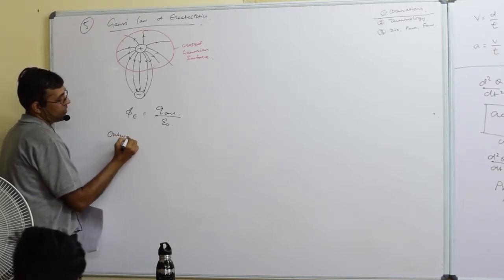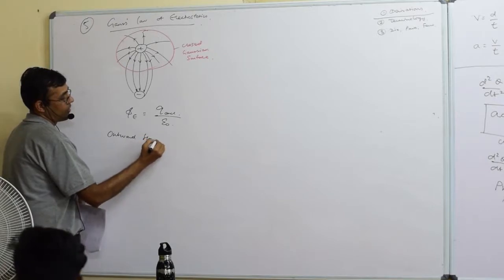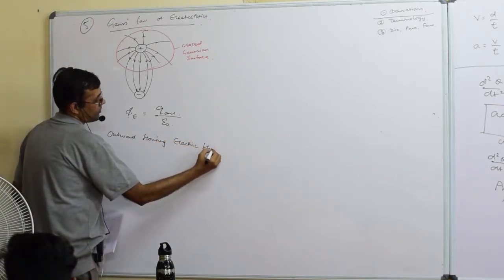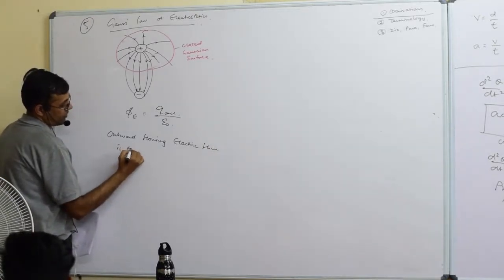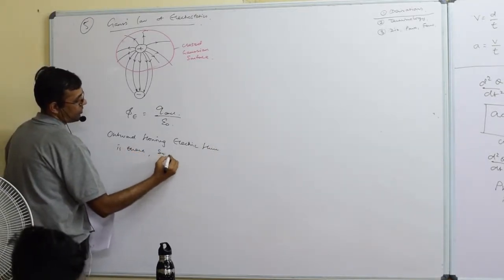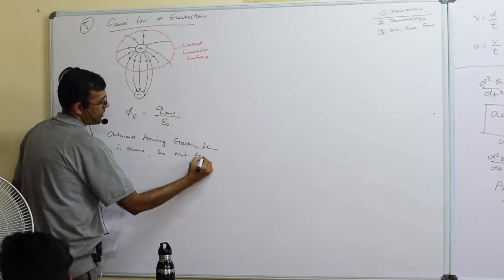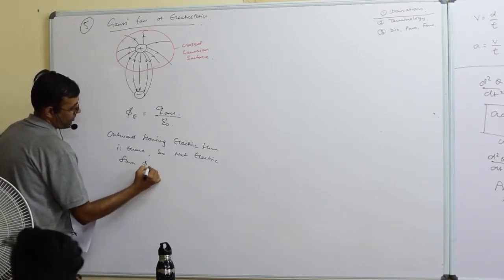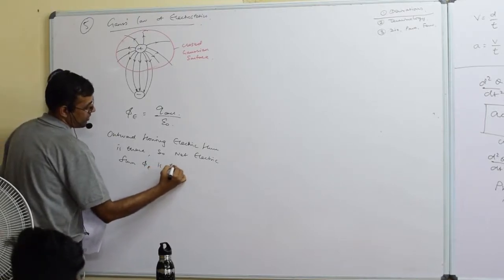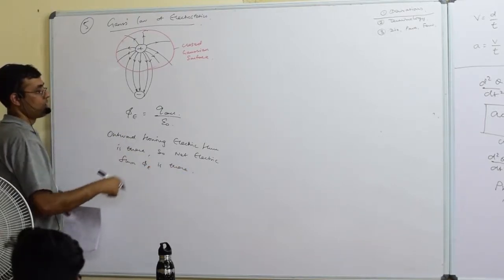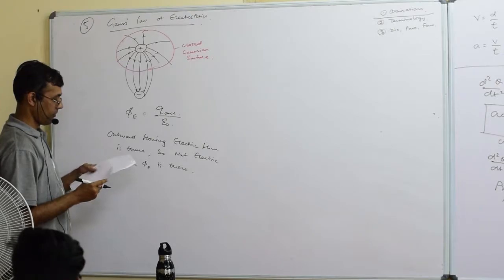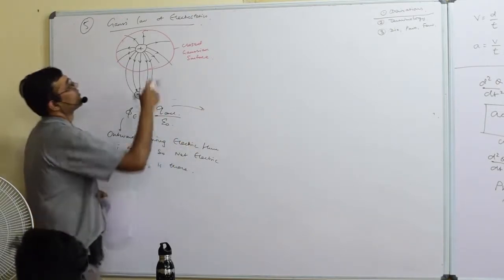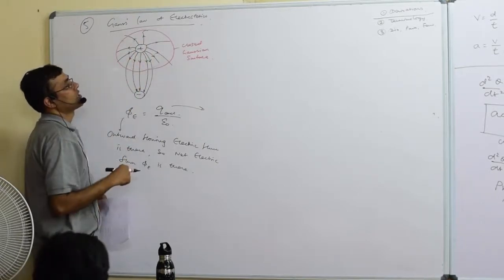So outward flowing electric flux is there. So net electric flux phi E is there. So there is some value for phi E. On this side, I will say inside this Gaussian surface, do you have any charge or not?